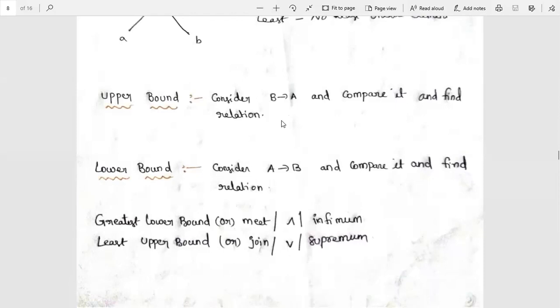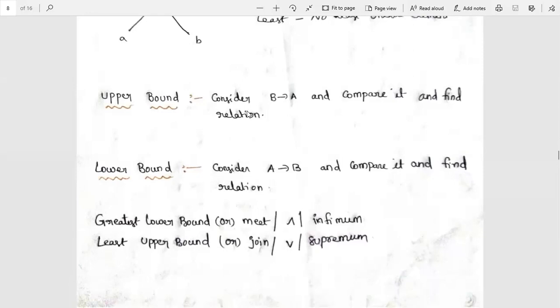Sometimes in the examination the subset is given for the given set. In the other case, we have to take two or three elements according to the given example, and compare and find the relation.